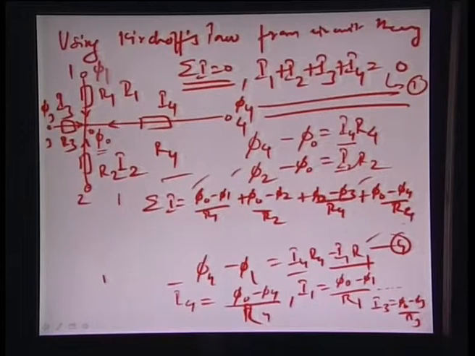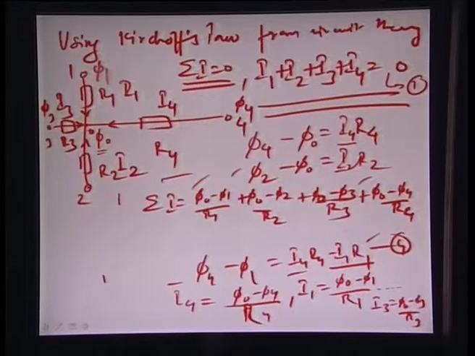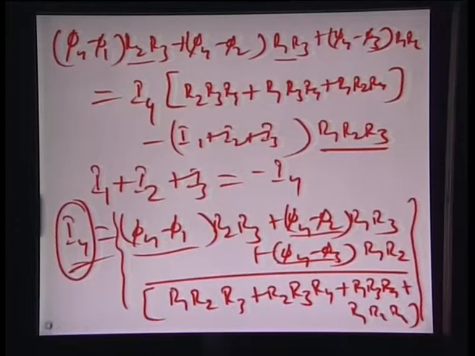Okay. And as we know, summation of this is essentially 0, right. So, this actually brings us to the same equation as we had talked about here, where we were trying to calculate what I4 is. Okay.